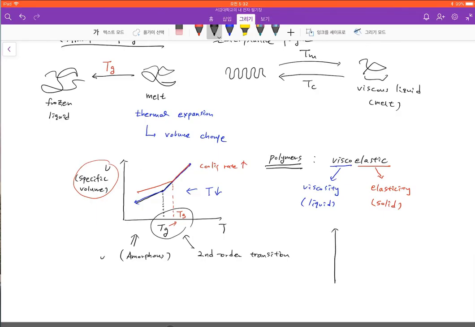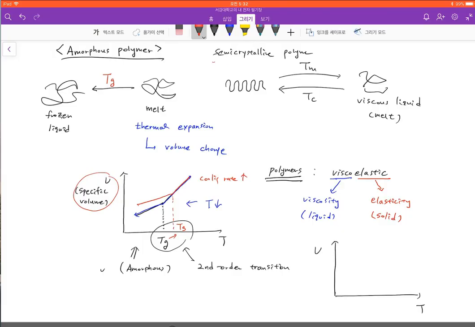Then how about semi-crystalline polymer? Same specific volume as a function of temperature. We're going to consider this semi-crystalline polymer. As you recall, semi-crystalline polymers have both a crystalline region and an amorphous region.